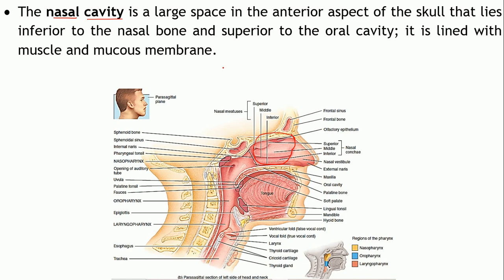So this will lie just inferior to the nasal bone and superior to the oral cavity. Now where is the oral cavity? That's your oral cavity, what we have seen in the digestive system. Okay, so just superior to that lies the nasal cavity. So again, the nasal cavity is lined by muscles and the mucous membrane internally.